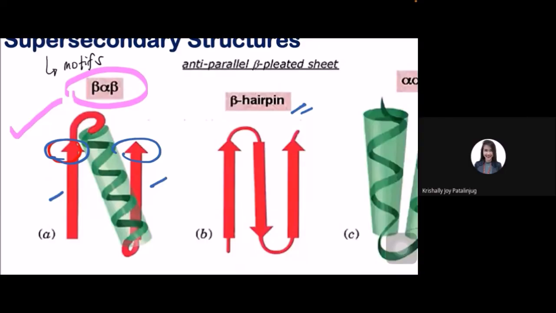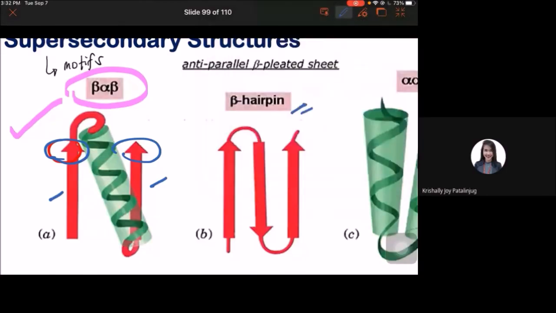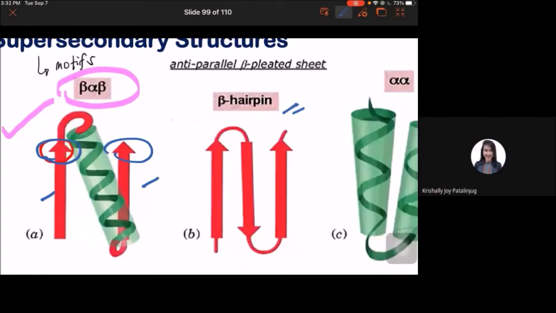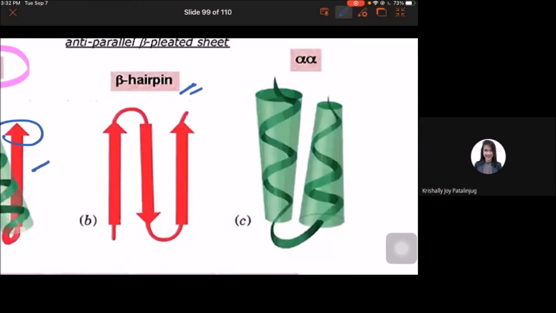Question. Sa beta hairpin, meron ba kayong nakikitang alpha helix sa structure? Yes or no? Wala. Puro beta sheet. So, very good. Somehow, you know already how to distinguish a beta sheet versus an alpha helix. Next, the third one is alpha, alpha.